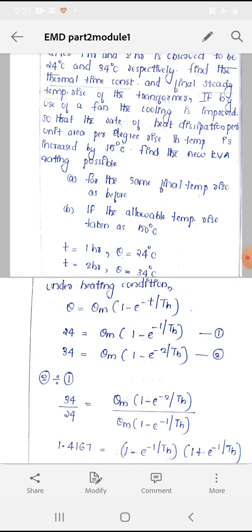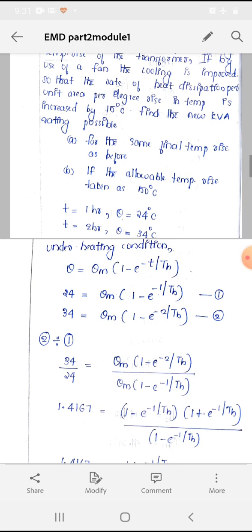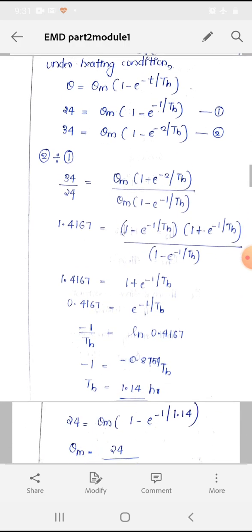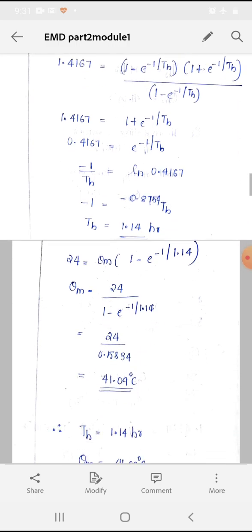So substitute these two conditions, we will get two equations. On solving equation 2 divided by equation 1, we will get Th, and this Th is substituted in the first or second equation. Then we will get the value of theta m.